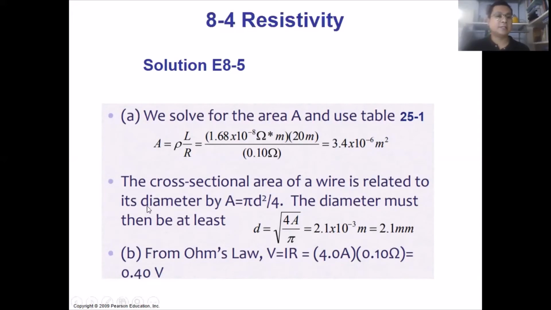After that, the cross-section area of the wire is related to the diameter by A equals pi d squared over 4. The diameter must then be at least 2.1 millimeter. From Ohm's law, V equals I times R, so now we get the voltage is 0.4 volt. Okay, clear for the example question.